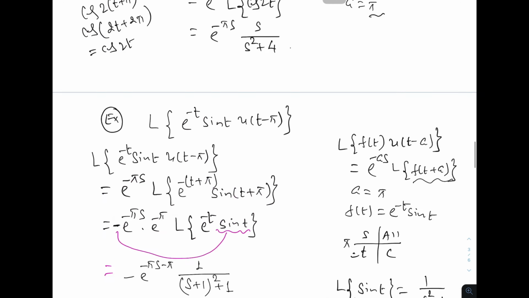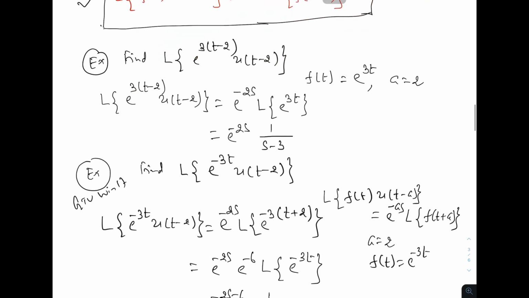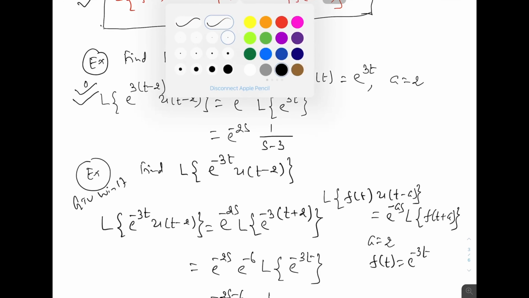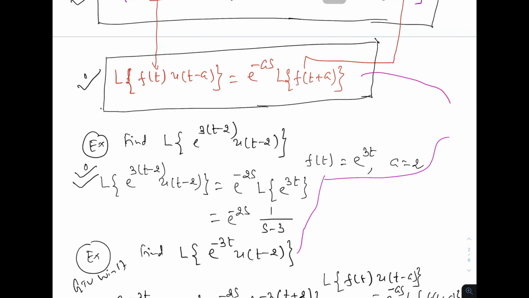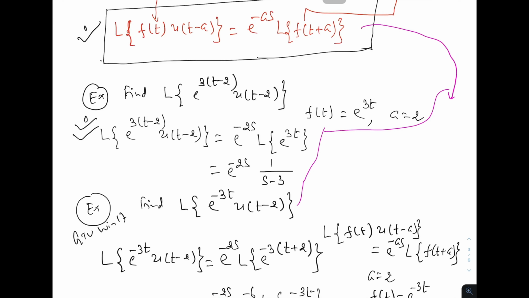Let us solve the first example in this way, in fact. So you don't need to remember both ways. So I can solve this example again by the method of the second shifting theorem, but in this format. Okay, can you do like this? So what is a here? 2. But then what is f of t?